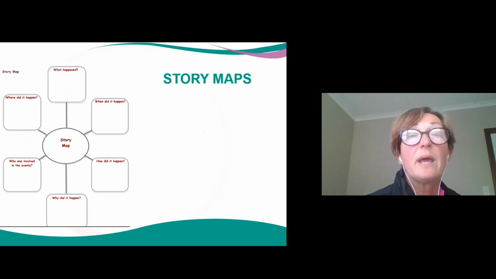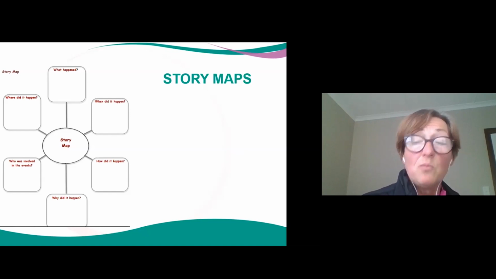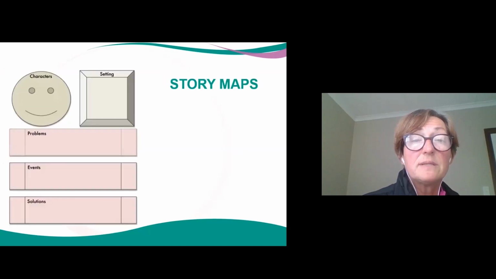Same kind of thing. What happened? When did it happen? How did it happen? Why did it happen? So you can't just give them an assignment and say, go and write your own story. You need to provide them a story map, because a story's got a plot, it's got a context, it's got characters, it's got a setting, it's got many components, and through the story map you provide them with a framework to give you all the elements of a story.